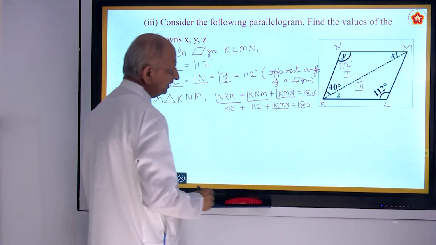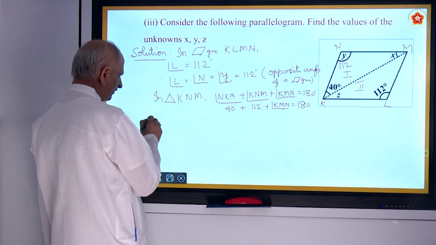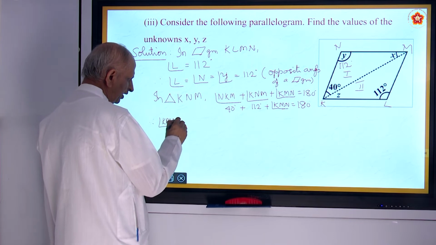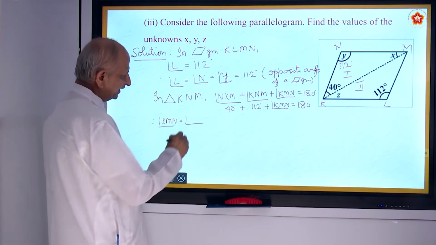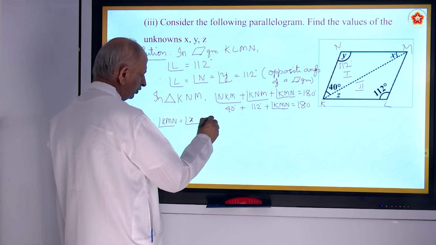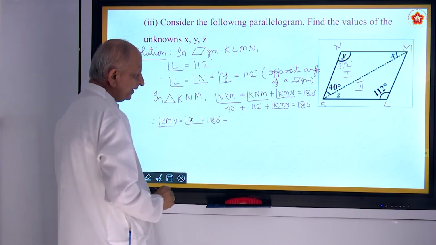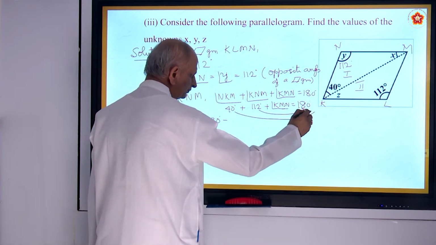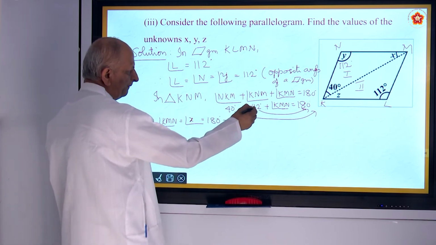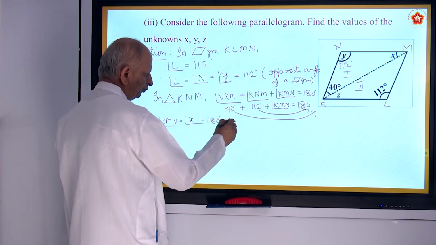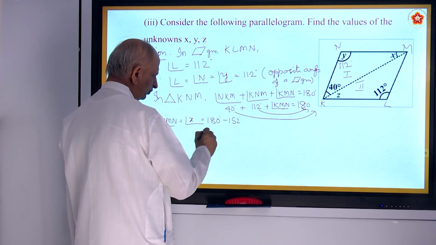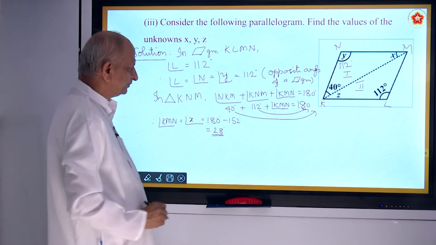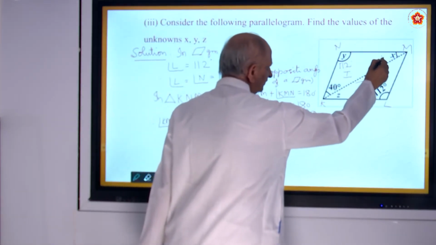KMN, that is x, is equal to 180 minus this, you bring this side. So, 112 plus 40 is 152, it will be equal to 28 degrees. So, the x value will be 28.